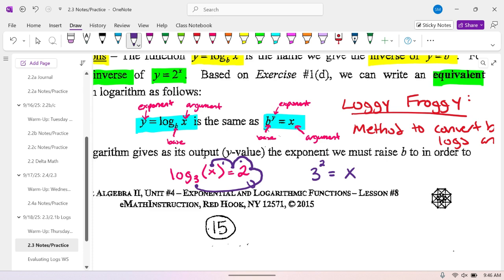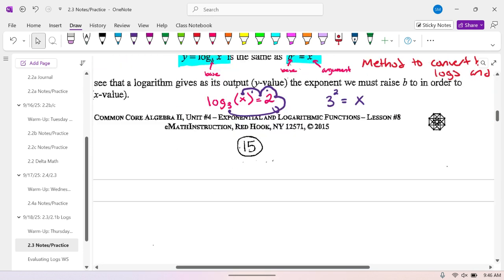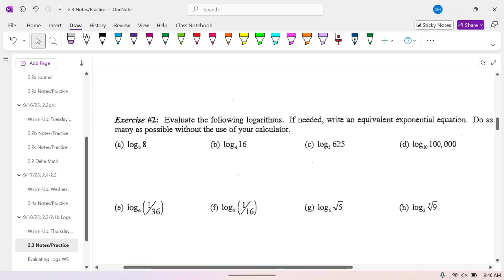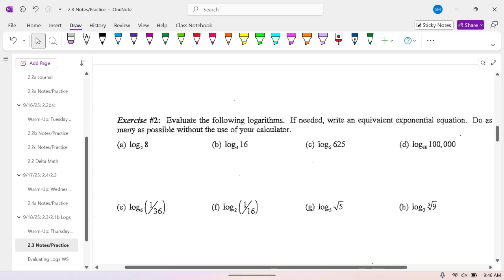All right. So let's use that to evaluate some logs. Now, evaluating logs you can do without your calculator. So one way you can do it is that it's almost like the opposite of what we were doing yesterday with exponentials, when we were doing the same base method. When we were using our power chart, I would tell you, okay, which base would give you both these two numbers.